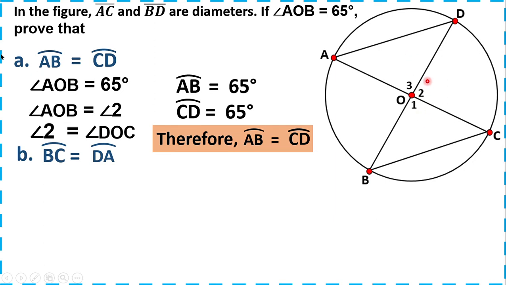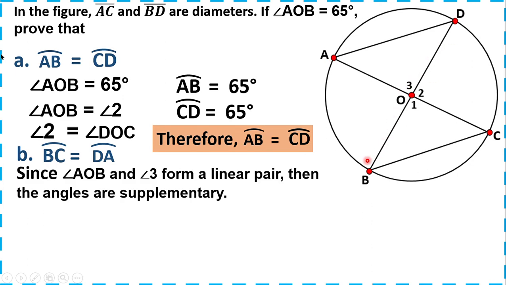Let's get the measure of angle AOD, or angle 3. As we can see, angle AOB and angle 3 form a linear pair. When we combine their angles, they form a straight line, and a straight line is 180 degrees.